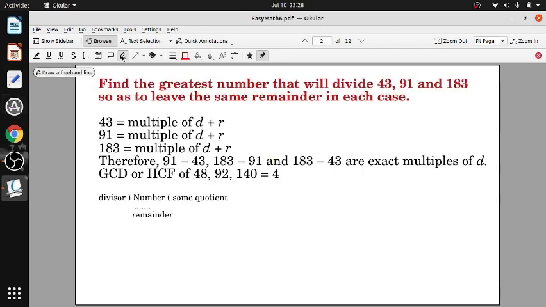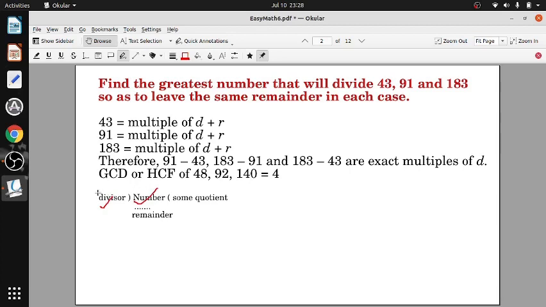The first question: find the greatest number that will divide 43, 91, 183 so as to leave the same remainder in each case. When a question like this comes, a divisor divides a number.